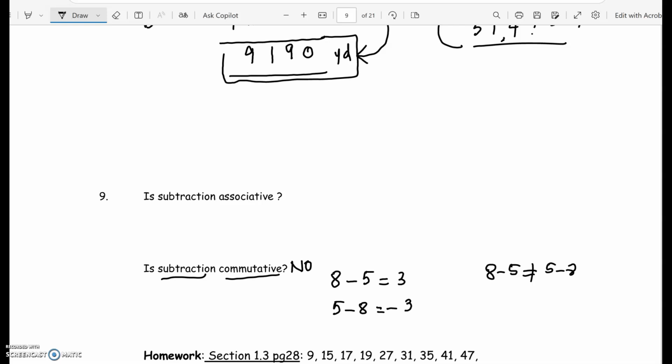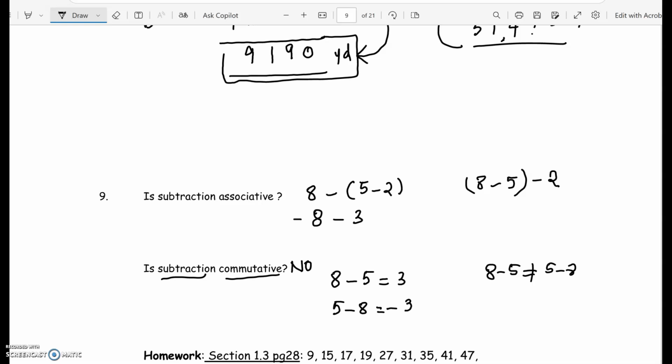The order does matter. Let's see associative. So 8 minus, in parentheses, 5 minus 2, is it equal to 8 minus 5, the quantity, minus 2? So let's do the left side first. So that's 8 minus, and we're going to do parentheses first. 5 minus 2 is 3.